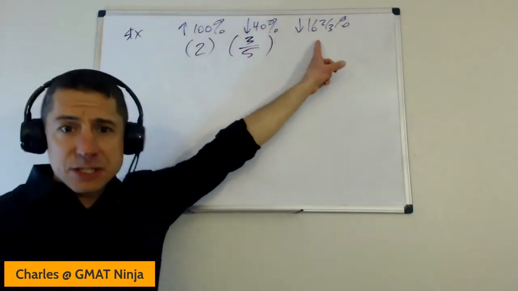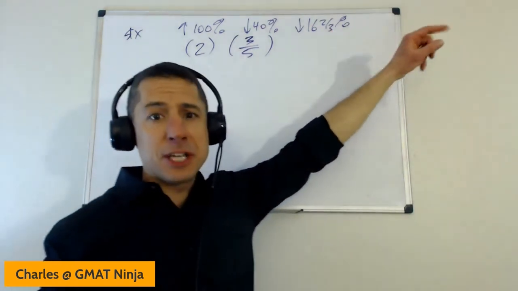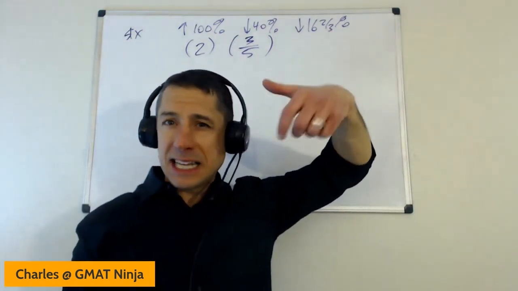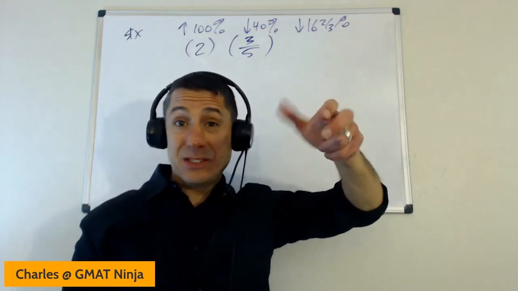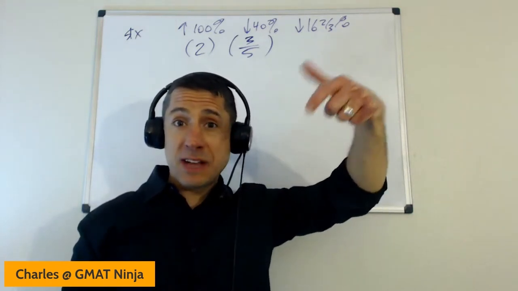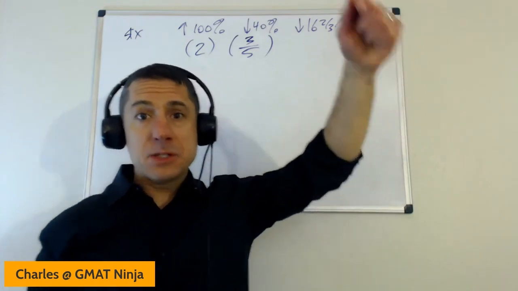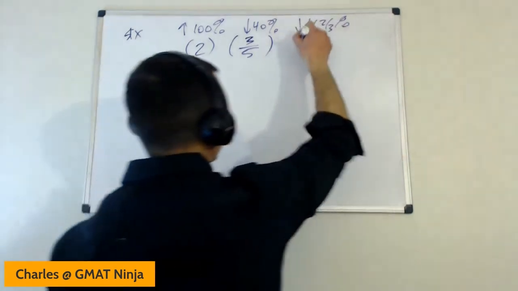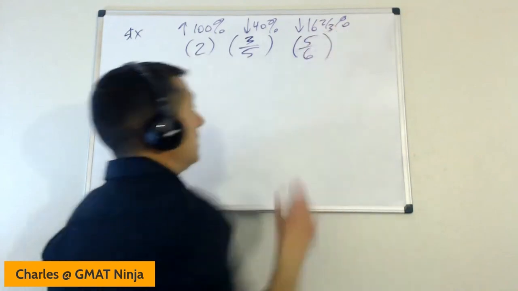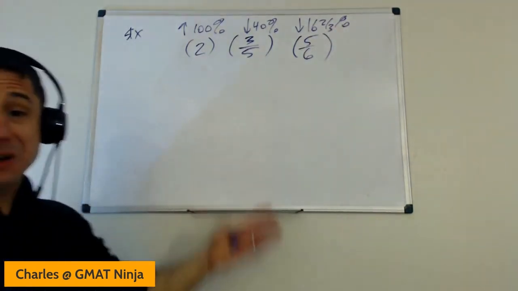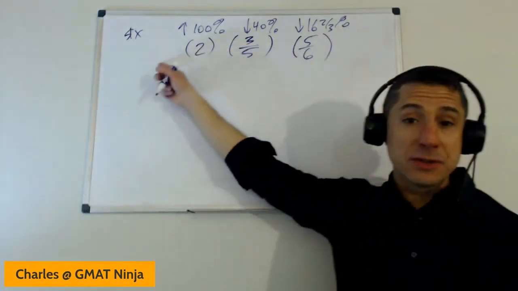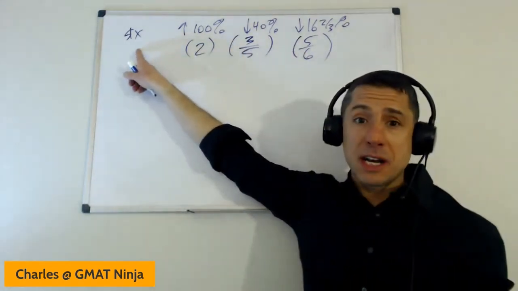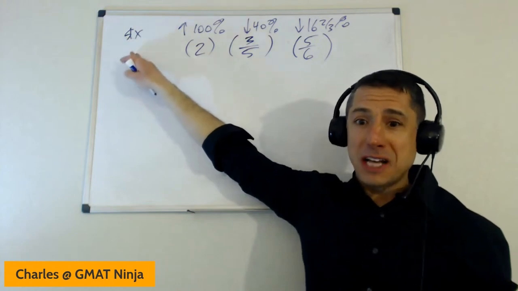Then down by 16 2/3%, not unusual at all on the GMAT. Some of these percents look exotic at a glance, but this is a pretty simple fraction: 1/6. If something declines by 1/6, we've got 5/6 left, so I multiply by 5/6. And that's it. Everything cancels out. The 5s cancel, and the 6 cancels with the 2 and the 3. We're right back where we started at X. There is no gain or loss here at all.